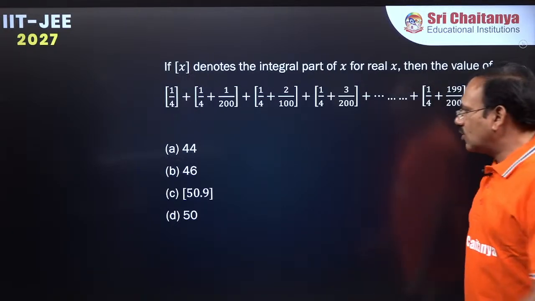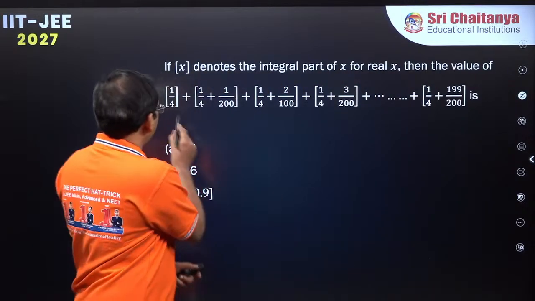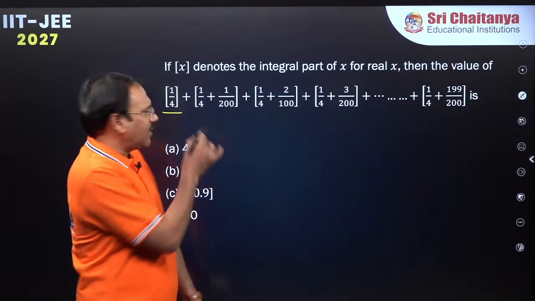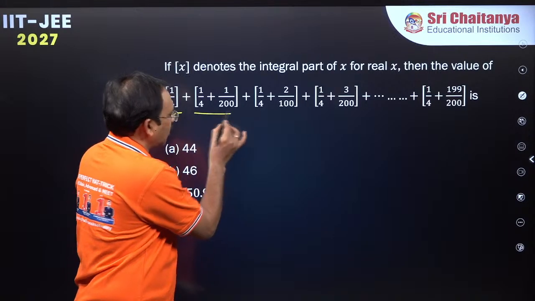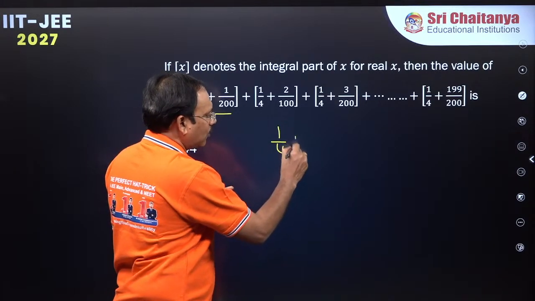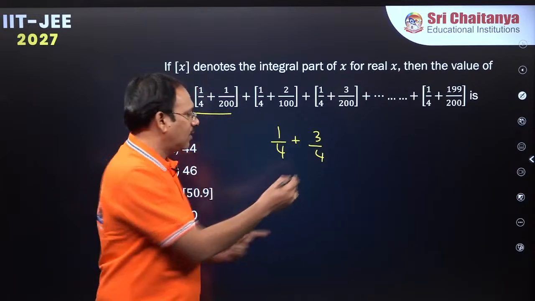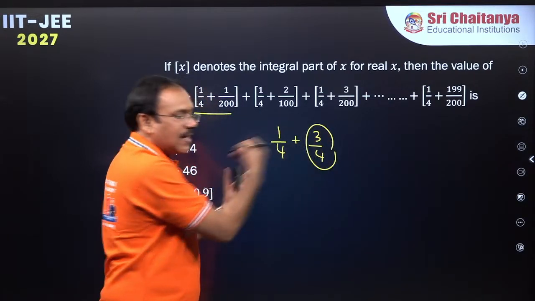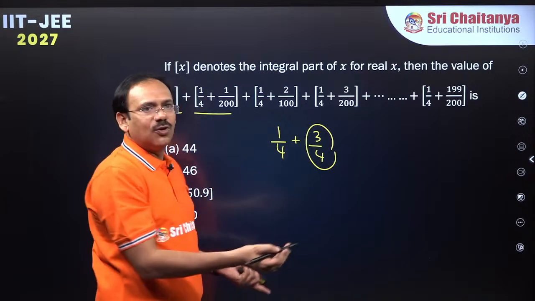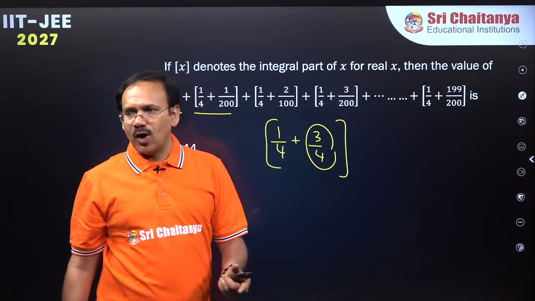Dear students, let me explain. Step of 1 by 4 becomes 0 because it is 0.25 only. When will it be 1? When you add 3 by 4 to 1 by 4, this becomes 1. If you add a number less than 3 by 4, this step is 0 only, right? So, step of 1 by 4 plus 3 by 4 I want.